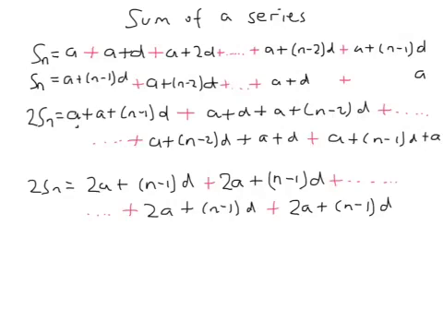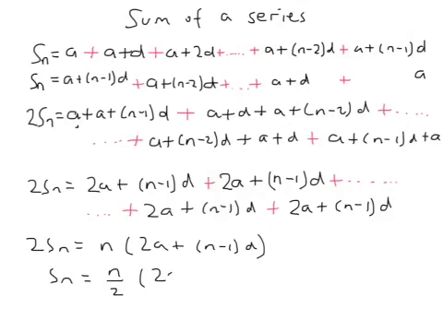How many terms are there? Well, there's n. So 2Sn is n lots of 2A plus (n minus 1)D, because every term is the same. So Sn is n over 2, times 2A plus (n minus 1)D. And that's a pretty important formula.